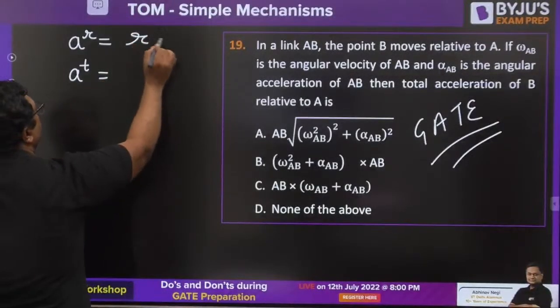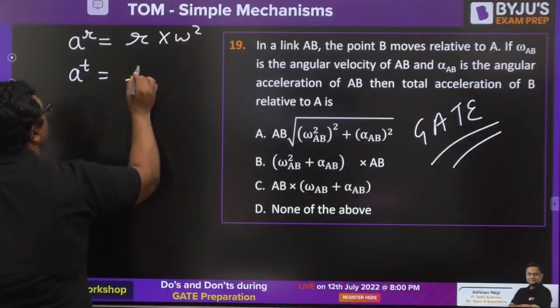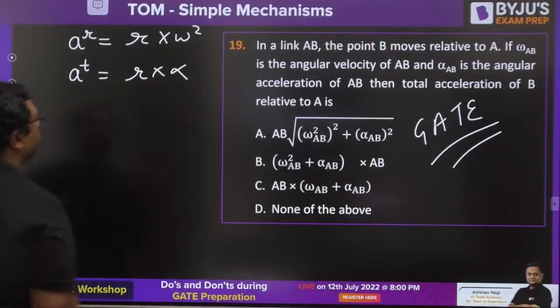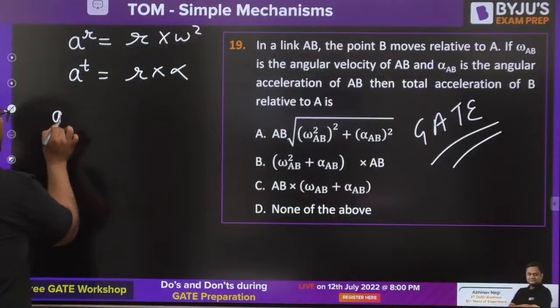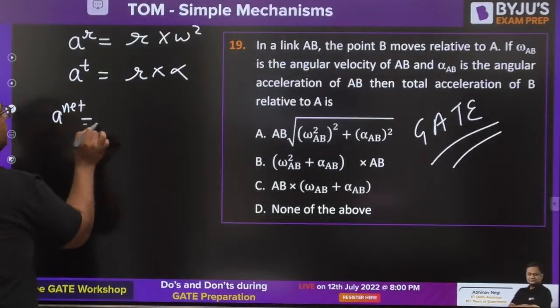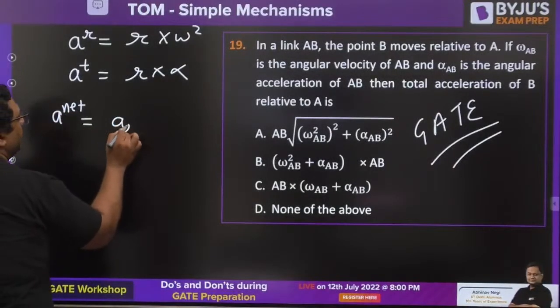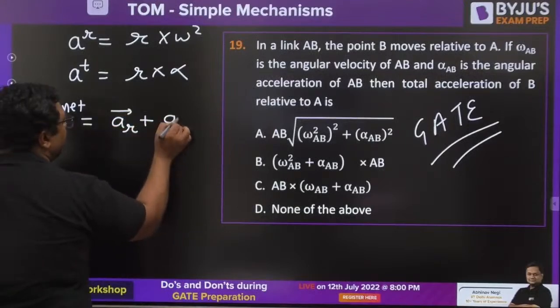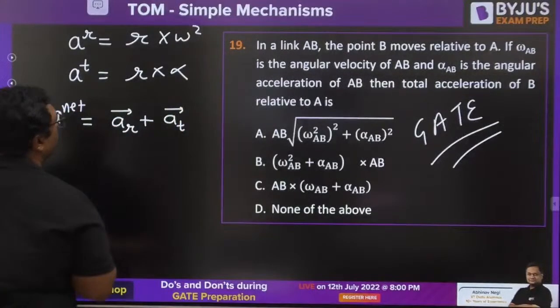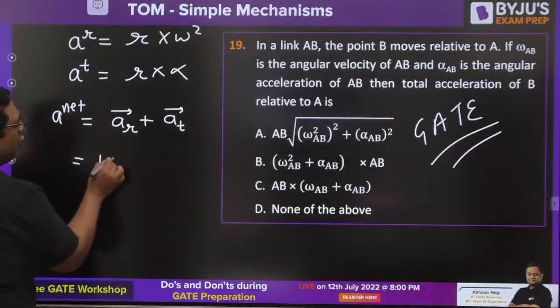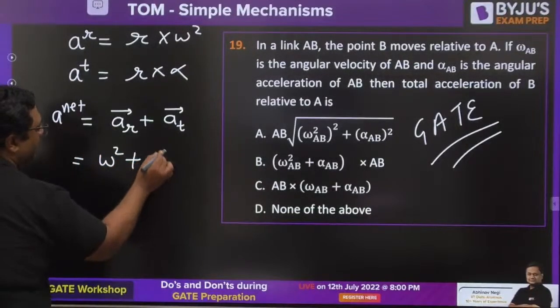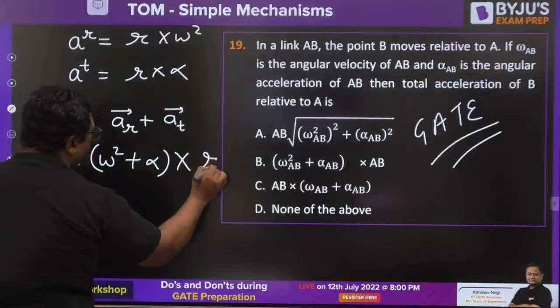Okay. So if you want to find out net acceleration, then it is a radial vector plus a tangential vector. In that way, you can write it as omega square plus alpha cross r.